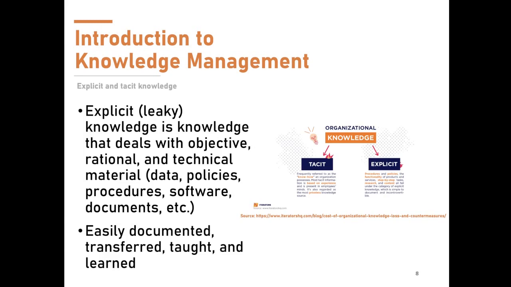I've mentioned a couple of slides ago that knowledge is usually categorized. So what are the types of knowledge? Knowledge is usually classified into two types, explicit and tacit knowledge.